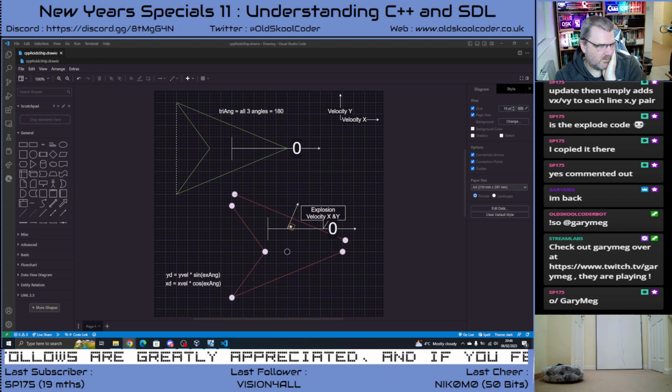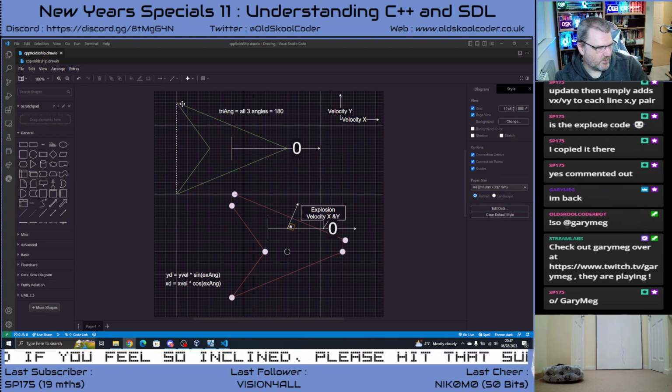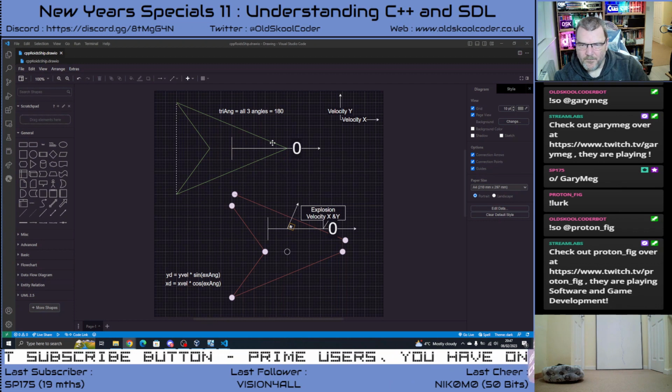So it's not 60 degrees because no way is this an equilateral triangle. So it's going to be smaller. I'd put money that that's a 45 degree angle.